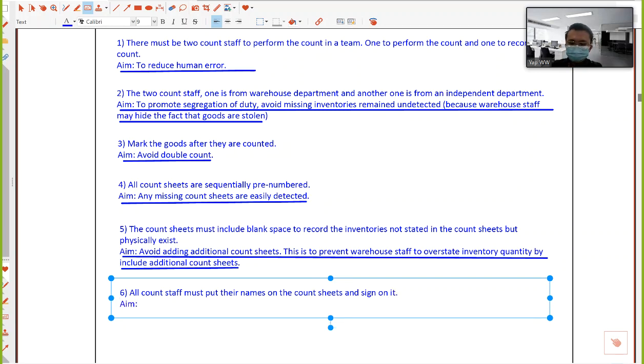Okay, the reason is to ensure count staff are accountable for their work, and management can clarify any issues with the house staff.